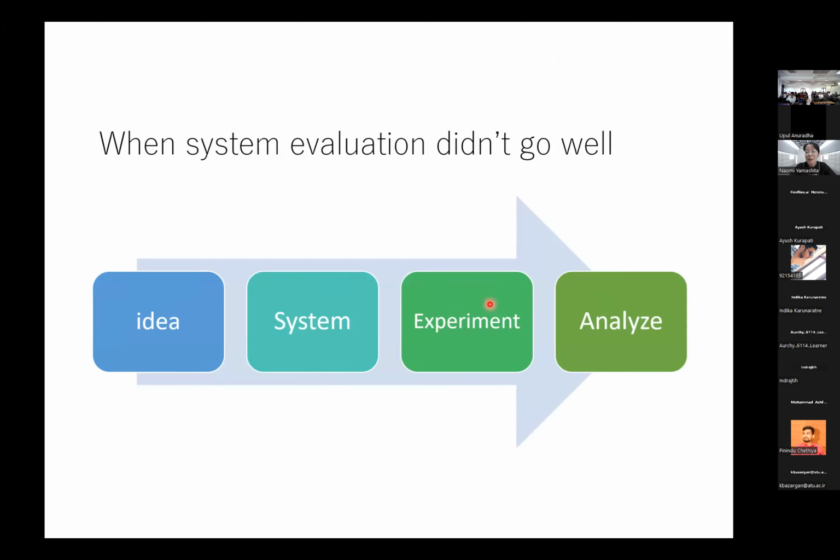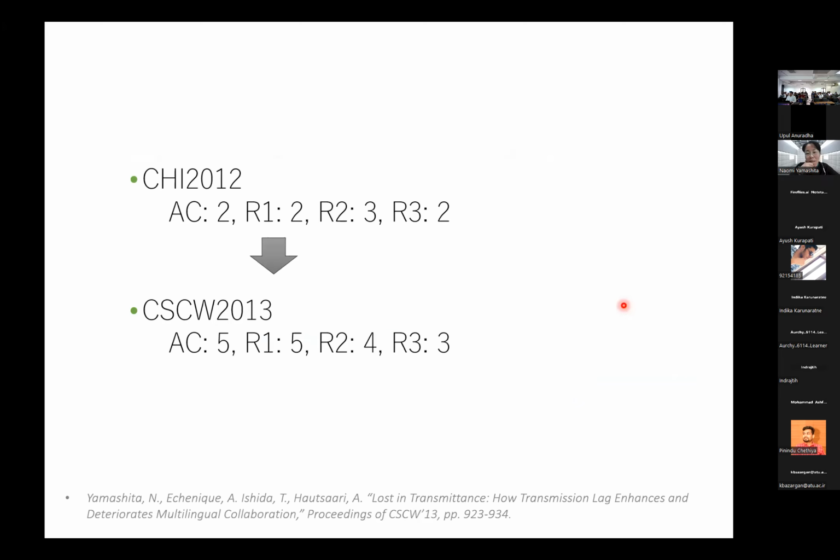However, it's often the case that the evaluation doesn't go well as intended. Here I'm going to offer an example of such a case, where my paper was rejected first, but then got accepted after revision. And I'm going to explain how we did that.